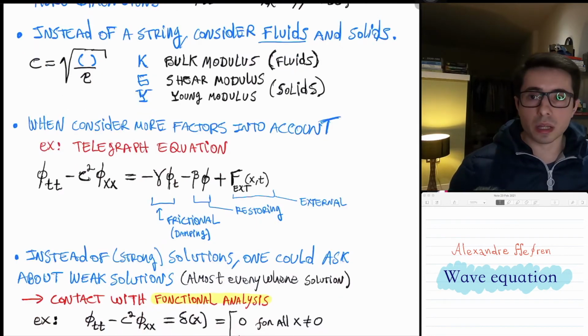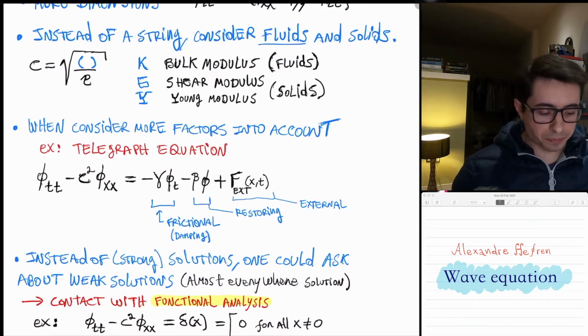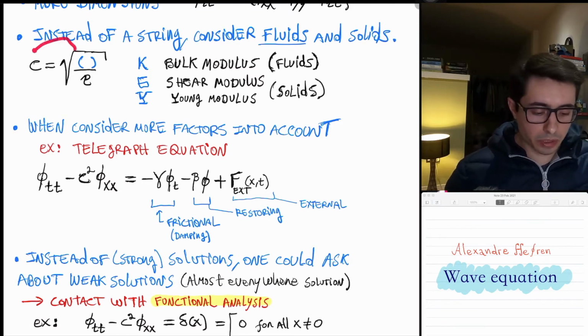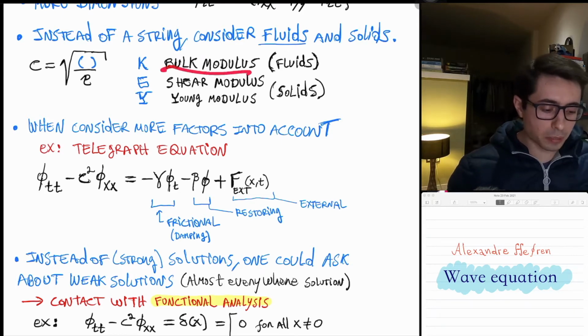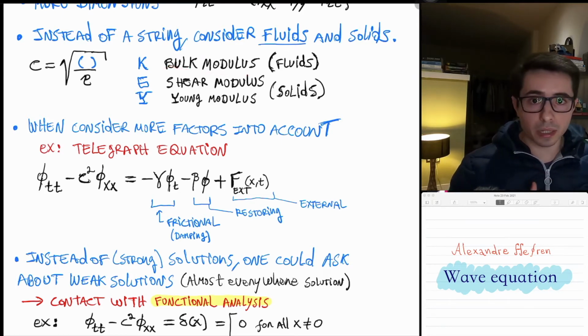Now, another option is if, instead of a string, we consider fluids and solids, for example. What would change? Basically, we would have to change our speed of propagation of the wave, which is different from the speed you just talked about. And instead of the tension of the string, we would probably have to use the bulk modulus, the shear modulus, or the Young modulus.